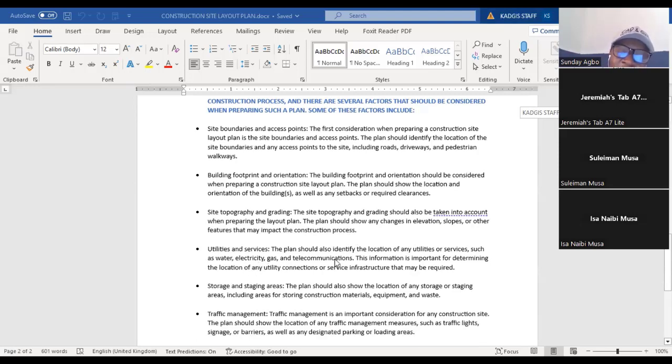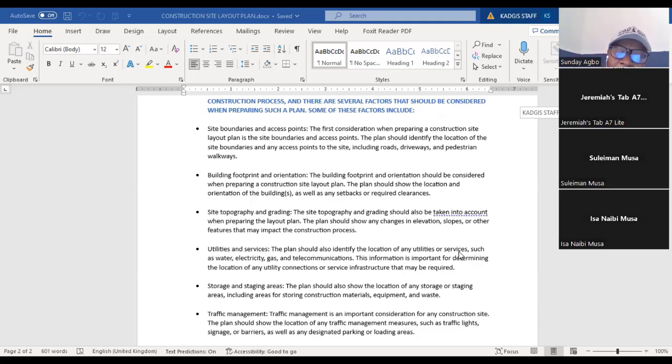Utility and services. The plan should identify the location of any utilities or services such as water, electricity, gas, and telecommunications. This information is important to determine the location of any utility connection or service infrastructure that may be required.